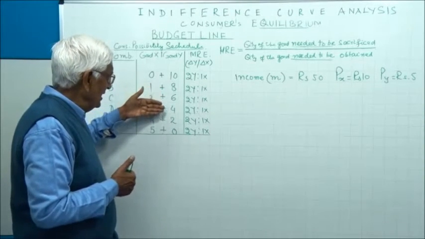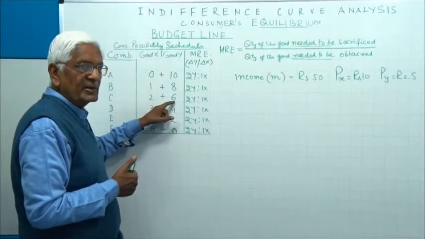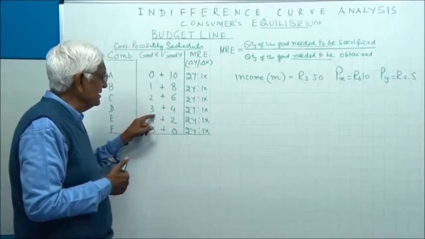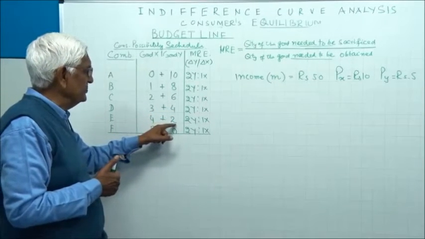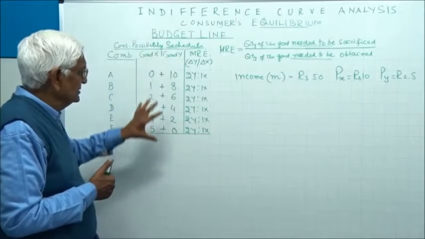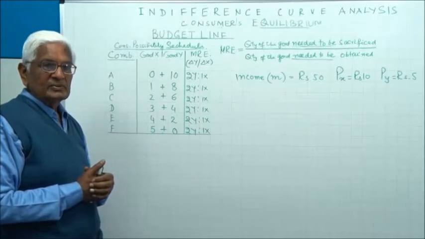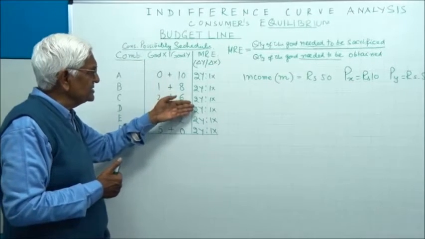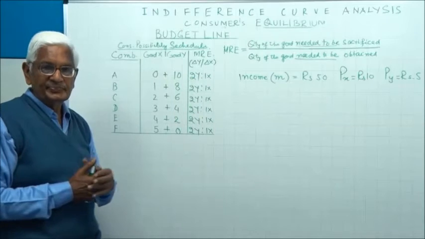This is with other combinations also. If he wants another X, he has to give up another 2Y, and so on. This table is prepared. So remember, here every time he is just giving up 2Y to get 1X.